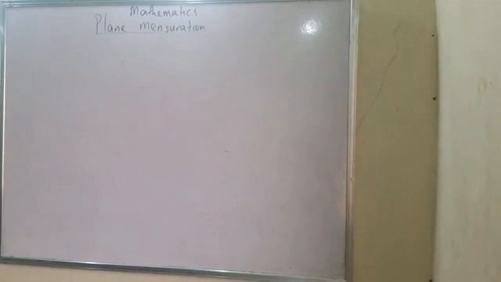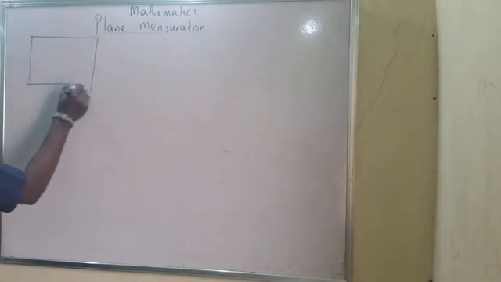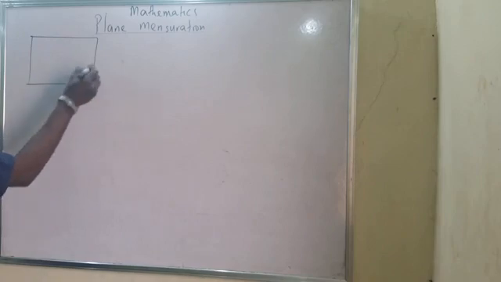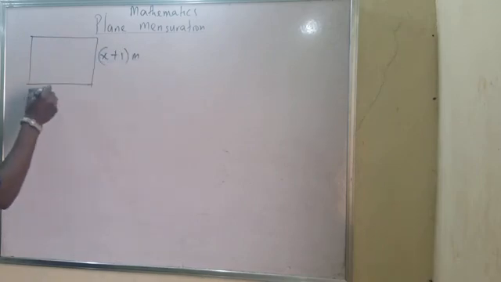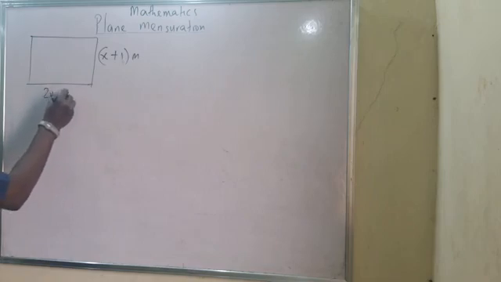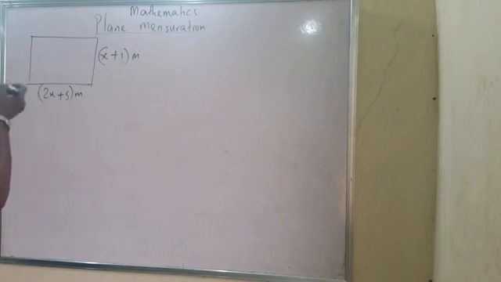Now, I have this type of problem. A rectangle has sides x plus 1 meter and 2x plus 5 meter, and you all know that this angle can be 90.